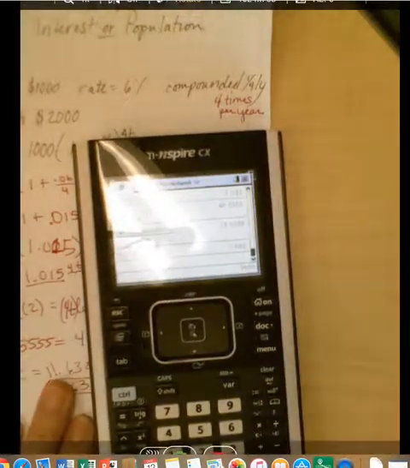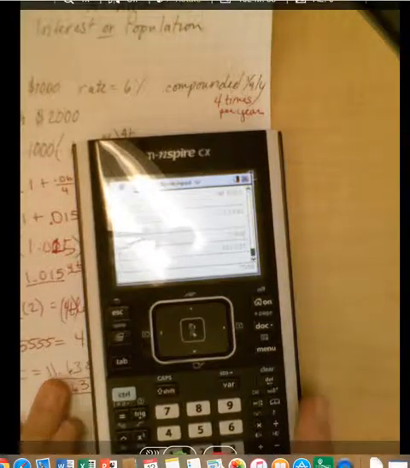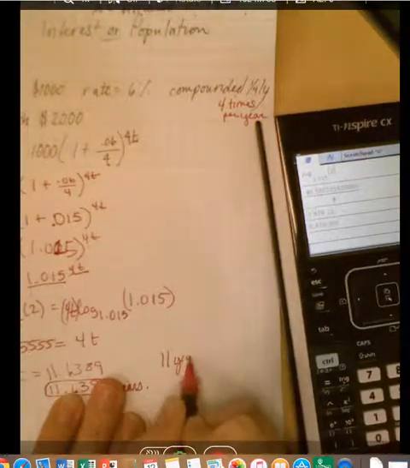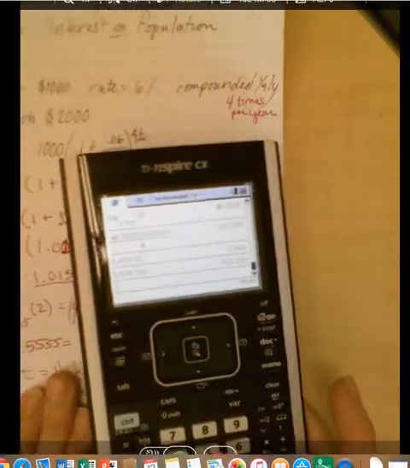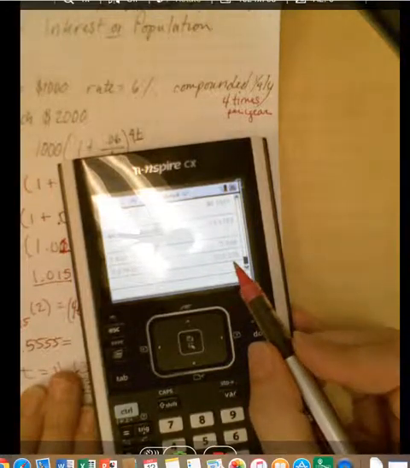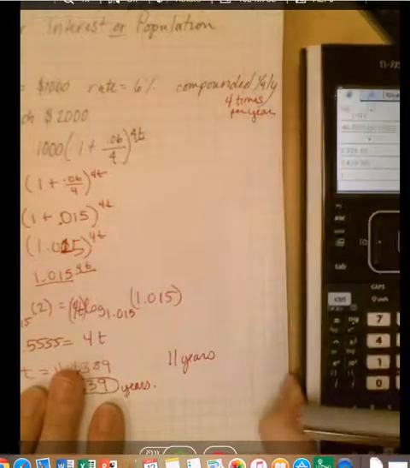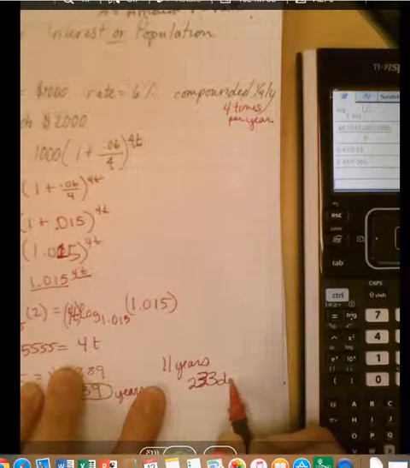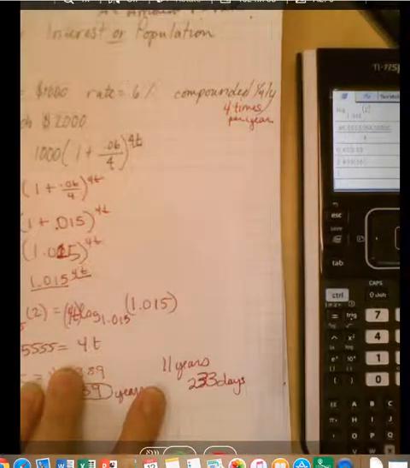Let's do days instead. 0.639 times 365 days. So 11 years and 233.235 days. So let's round that to the nearest day, and 233 days. Wow, exciting.